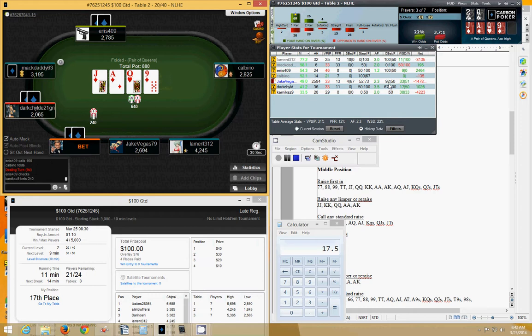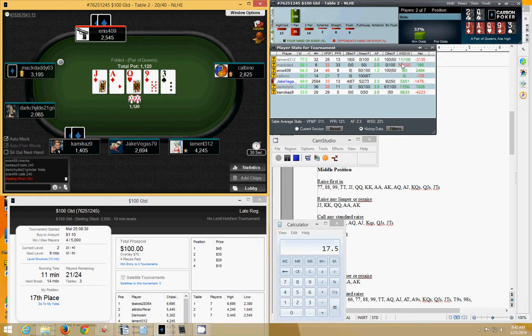If they call or raise you and you don't have a hand, you pretty much fold, if they're showing aggression and you think they're not making a play at you. So 50% of the time I fold to a continuation bet.